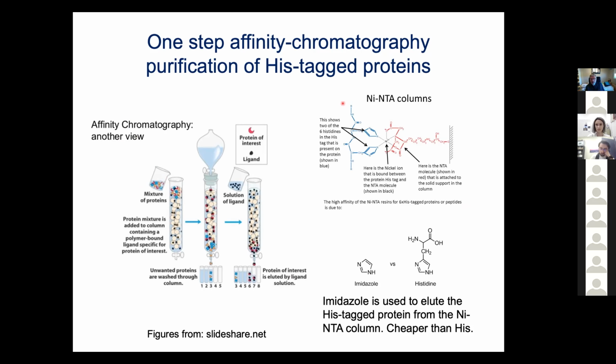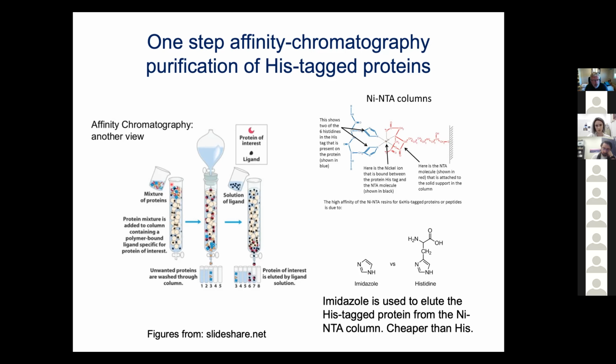This is called a nickel NTA column. Here you see the nickel, which sits in some chelator, but only part of the chelation sphere of this nickel is fulfilled, and it likes to bind to the nitrogens in histidines. So if a protein with exposed histidines comes by, it will interact with the nickel. And this is column material.